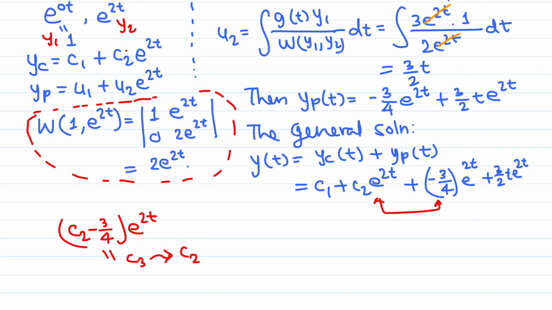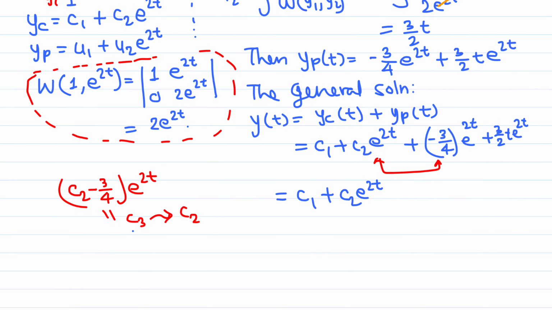I'm just renaming. So the final answer we can write is c1 plus c2 e2t, where c2 minus 3/4 was renamed, it was c3, I renamed back to c2, or you can write c3, doesn't matter, just an arbitrary constant anyway. And plus 3/2 t e raised to 2t. Final.